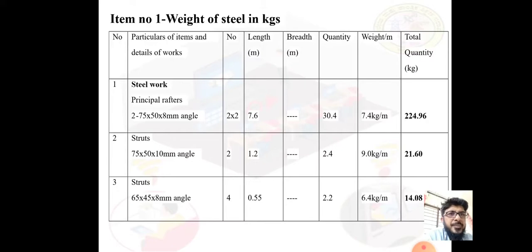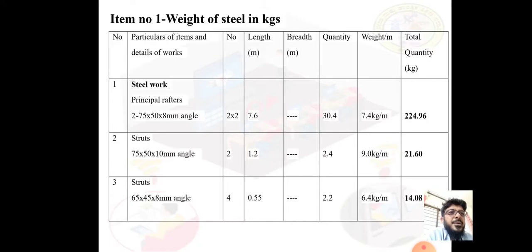For any steel section you have to refer to the steel table, where per meter weight is given for different sections. If you multiply with length, we will get the total weight of that rafter. We now got per meter weight as 7.4 kg.